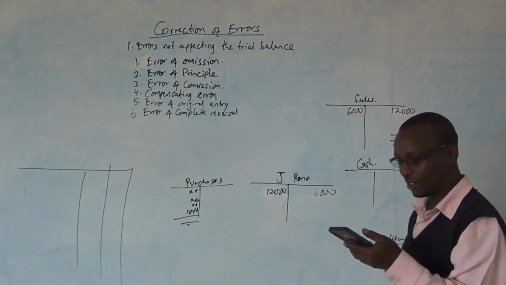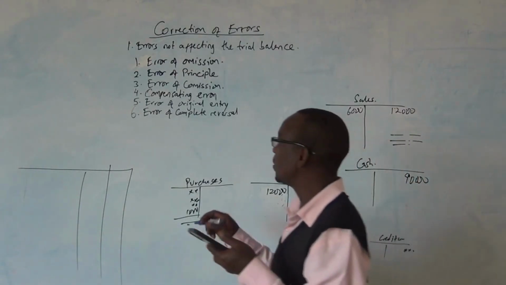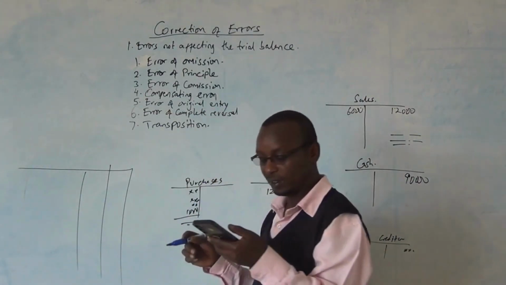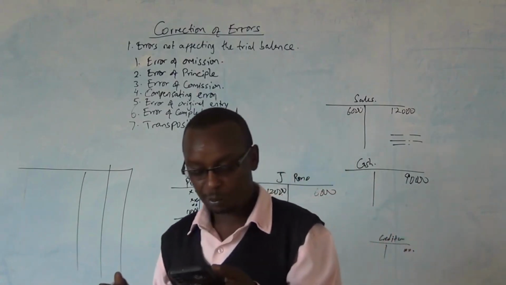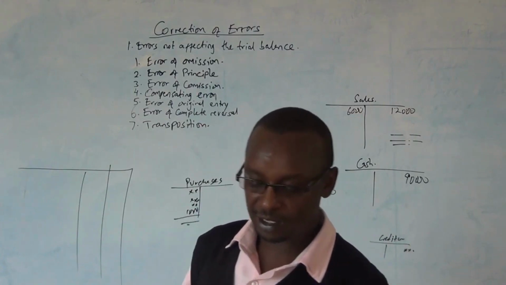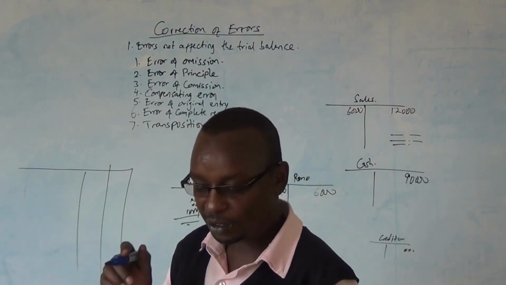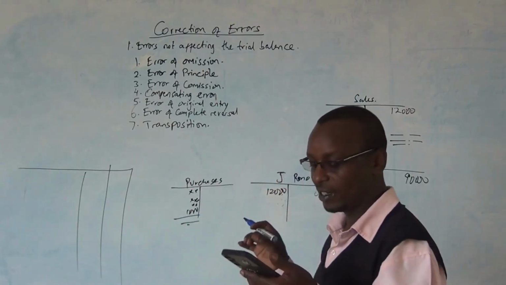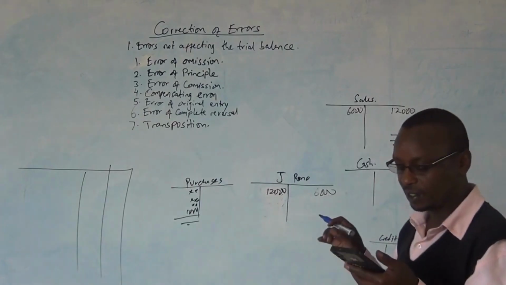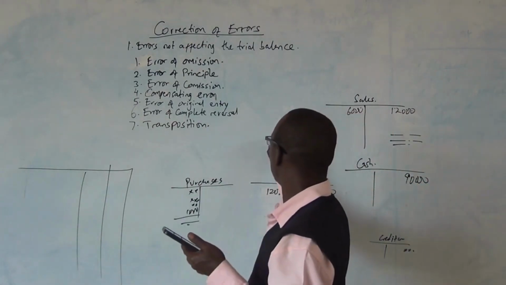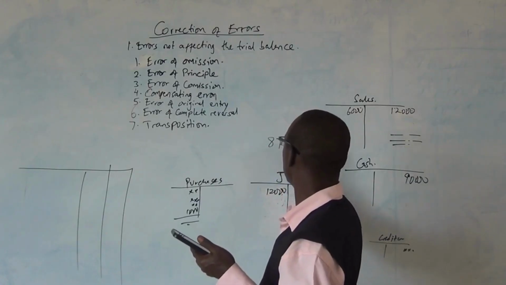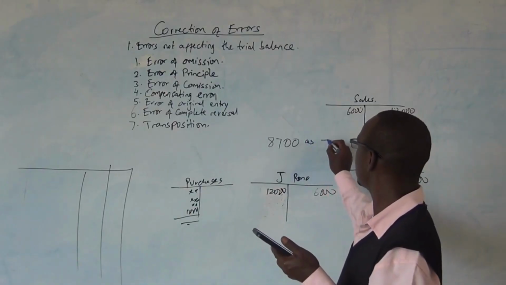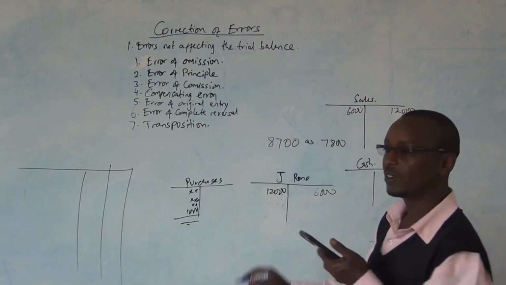Okay? Yeah. We have another error called transposition. It is a special type of error of original entry, and it occurs when the wrong sequence of individual characters in a figure is entered. An example is entering 870 or 8,700 as 7,800.